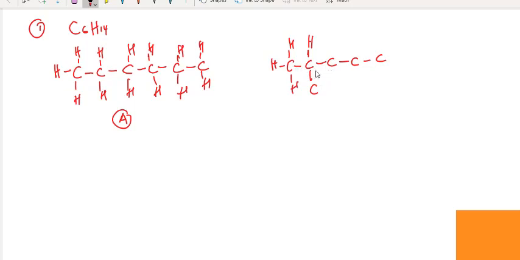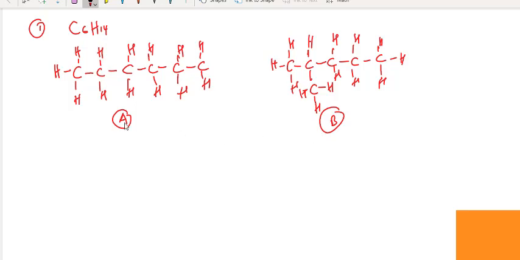This one has 1, 2, 3 bonds, so it has 1 hydrogen. This carbon is bonded to 1 carbon, so it means it has 3 hydrogen. So this might be our structure B.